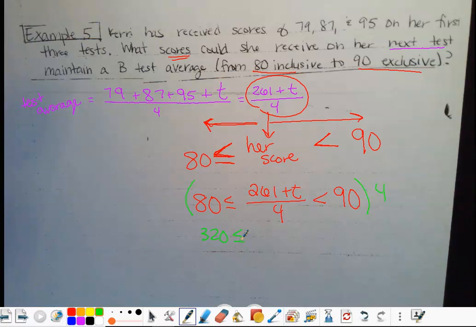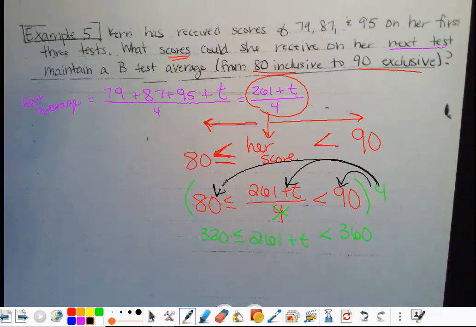When I multiply this section, 261 plus t divided by 4, the 4 in the denominator just cancels out. So it leaves me with 261 plus t is less than 90 times 4, which is 360. So I am distributing this 4 to every single part inside.